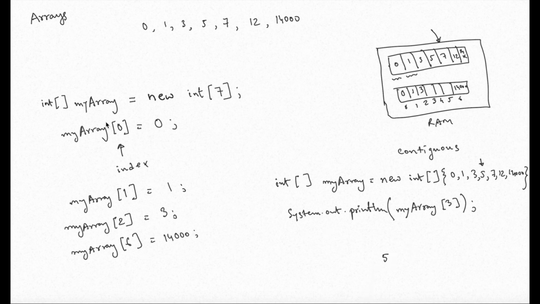So this is how you define an array. This is how you put values or elements in the array, and this is how you can retrieve or get back the values that are in the array.